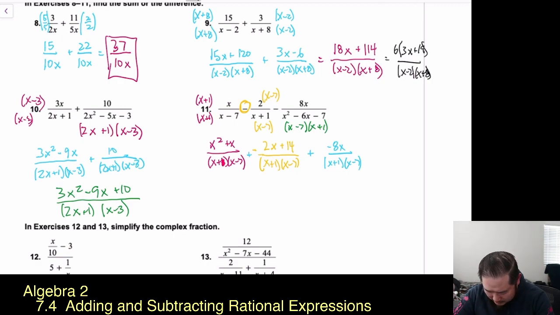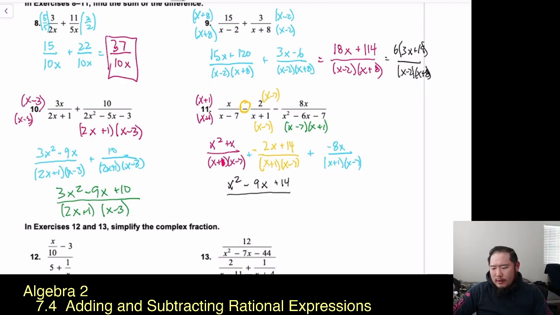All right, so now x squared, I don't see that anywhere else. So let's go ahead and put this as x squared. It looks like we got x minus x plus negative 8x is going to be minus 9x. And then we have ourselves plus 14 over x plus 1, x minus 7.